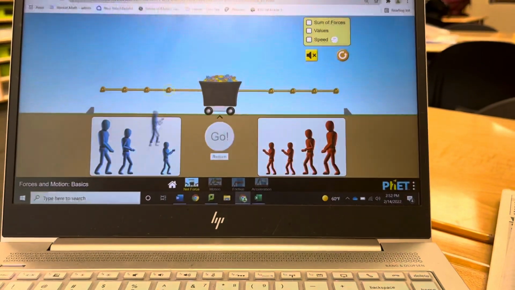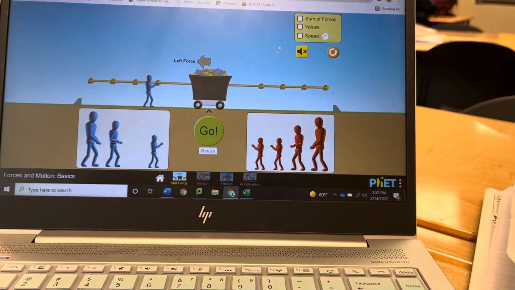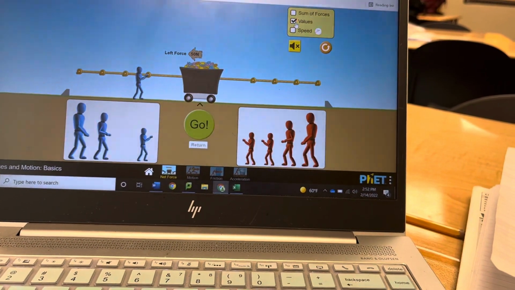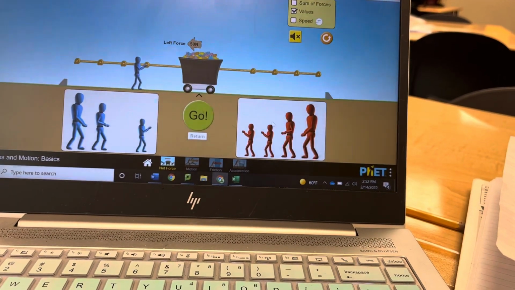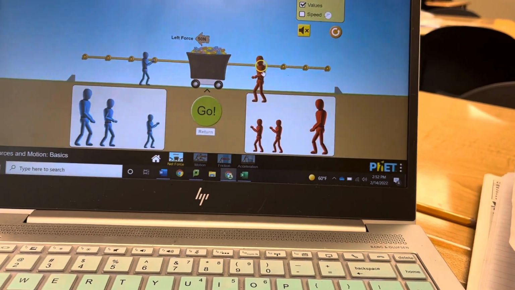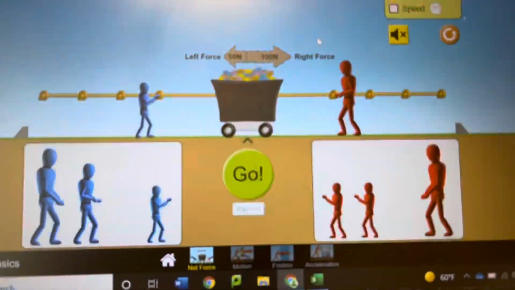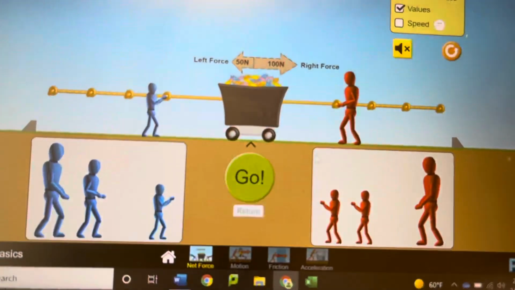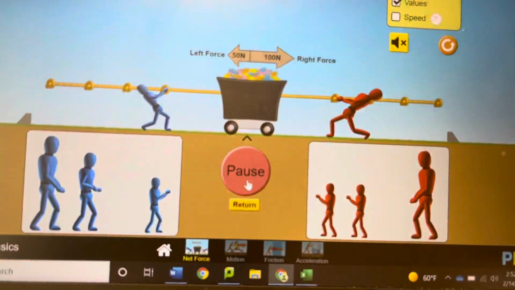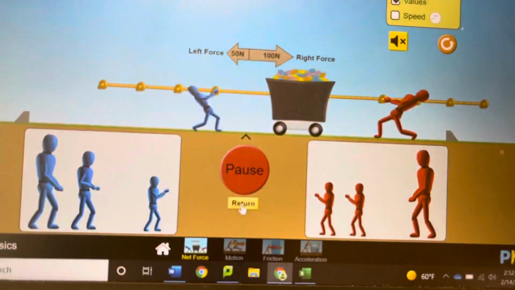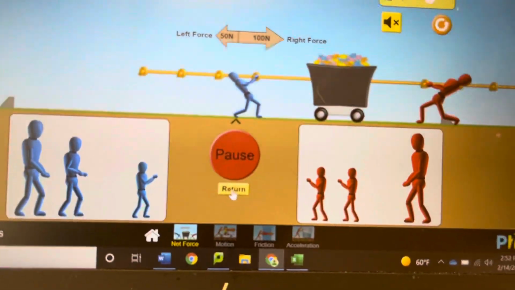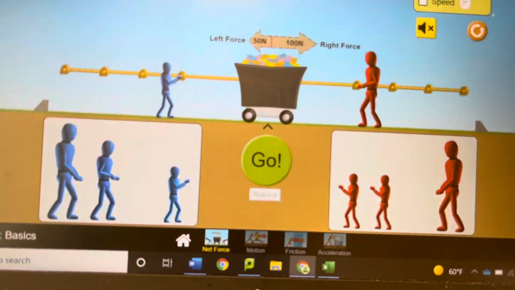And you're going to practice putting people in here. So it can show you the values. But this basically means that if this person is pulling with more force, it should be moving in that direction. The harder you push or pull on something, the farther that object is going to go.